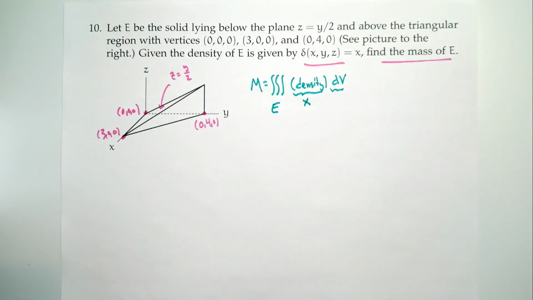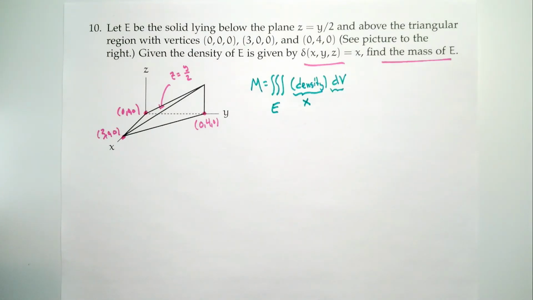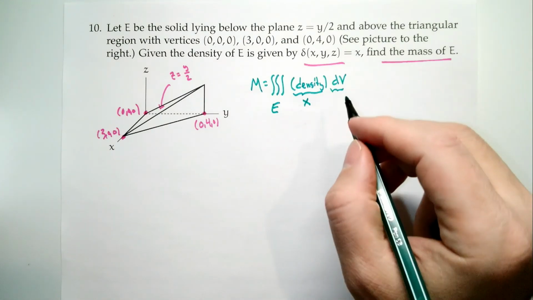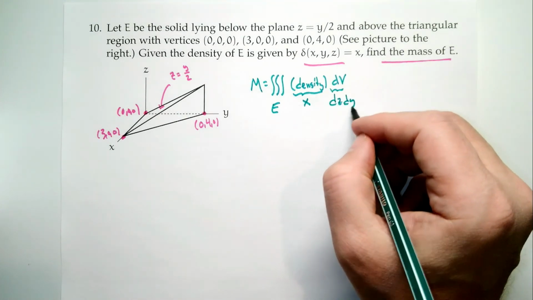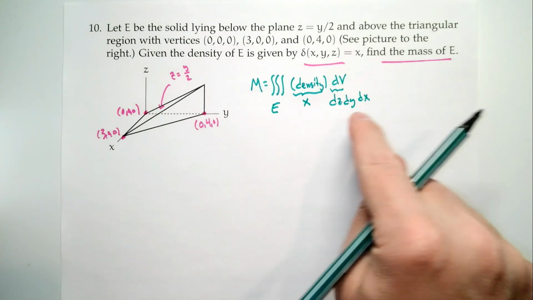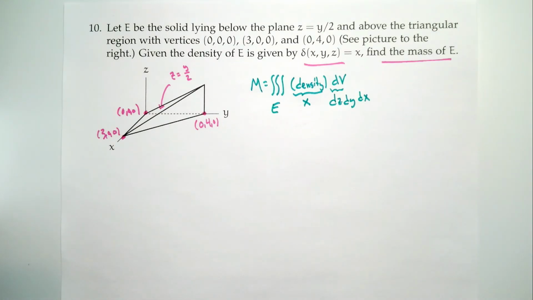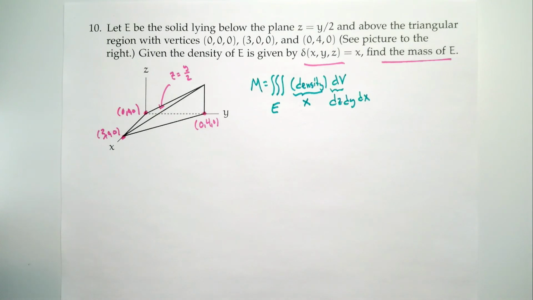Well, because we have no other suggestion, our default order for dV, if we don't have any other reason to pick an order, is dz, dy, dx. Now, it's not because dz, dy, dx is somehow more sacred, it's more what we're used to. We've sort of been building up. Okay, we're used to thinking y is a function of x. We're used to thinking of z as a function of x and y. And that's what this order is built for.